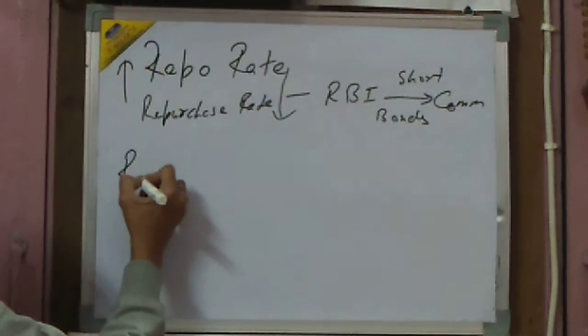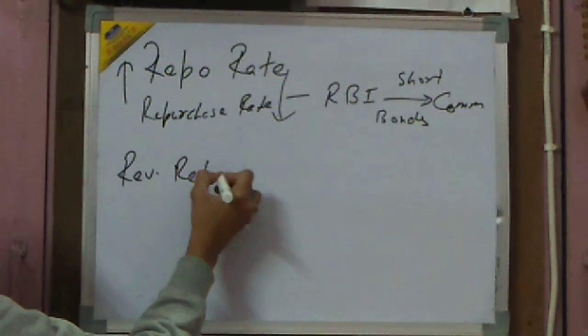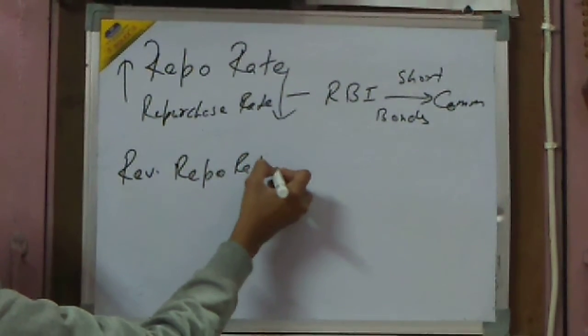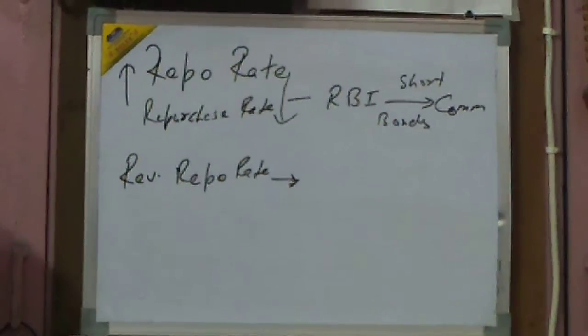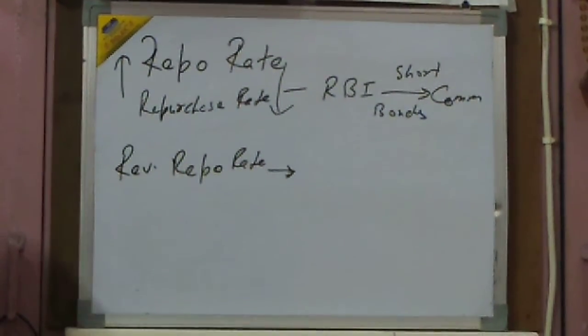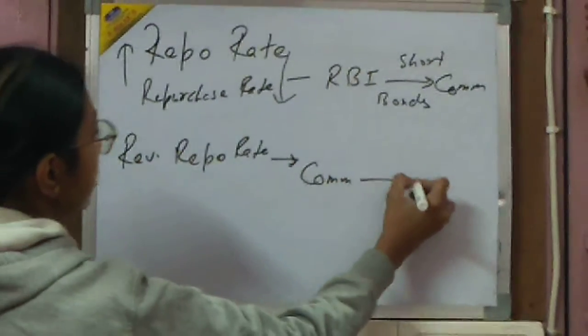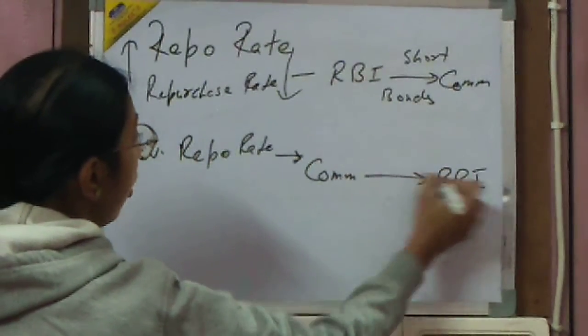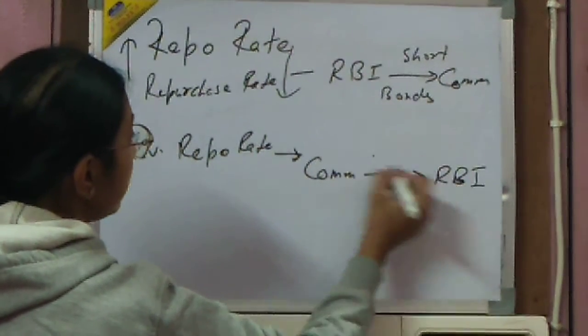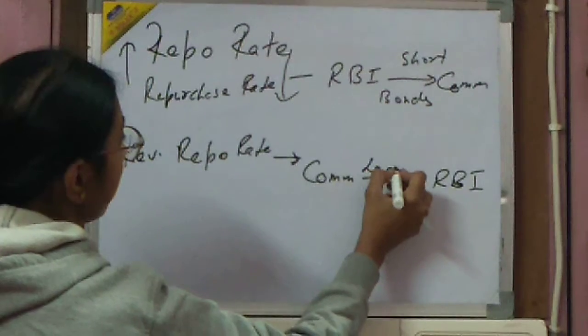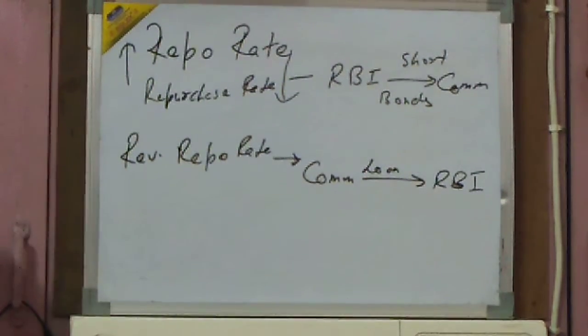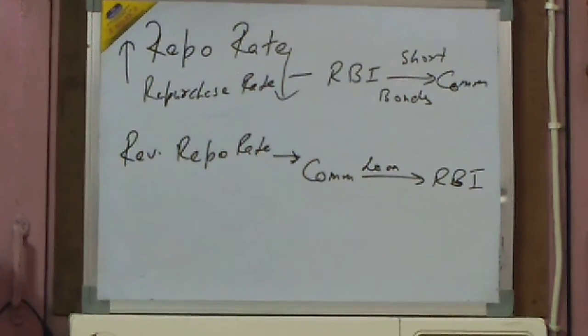Another term is reverse repo rate. What is reverse repo rate? Reverse repo rate is the rate at which the commercial bank gives loan to the RBI, or the rate at which RBI borrows money from the commercial banks for a short period.